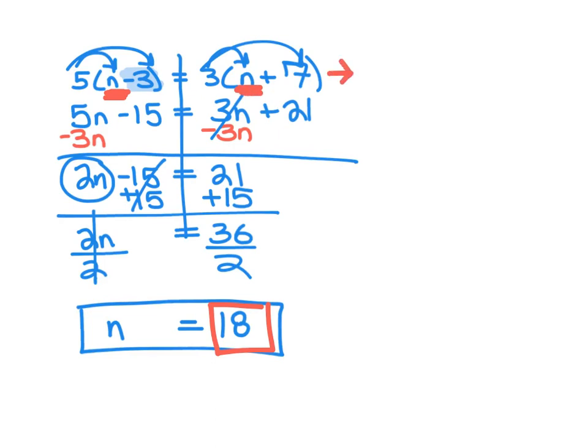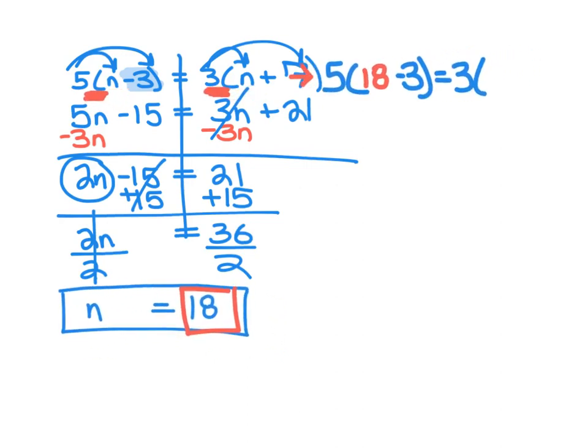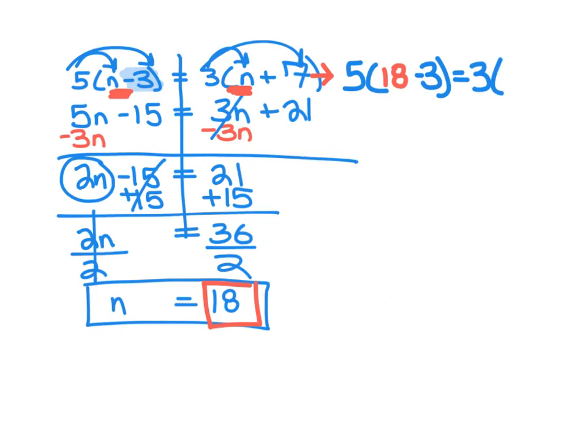So 5 times my n, which is 18, minus 3, should equal 3 times my n, which is 18, plus 7. So all I did is I plugged in my answer back into the original problem.